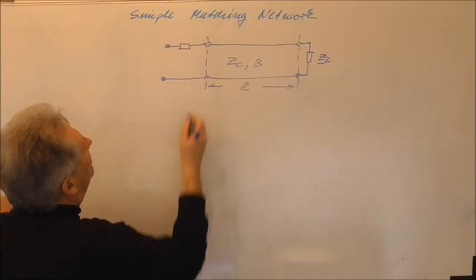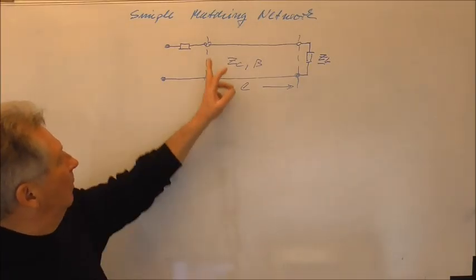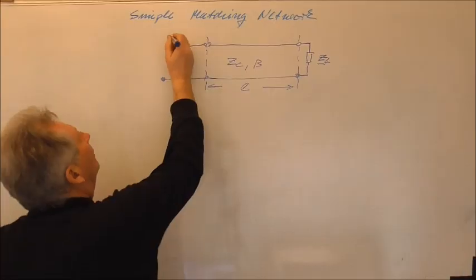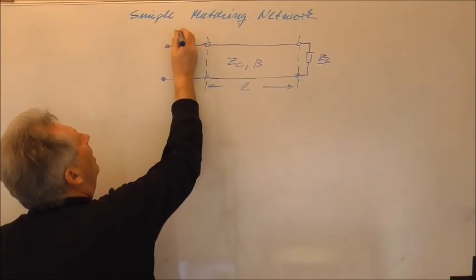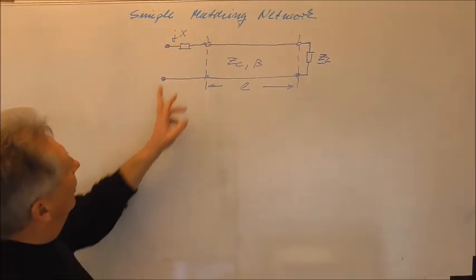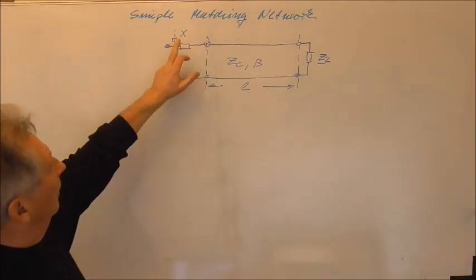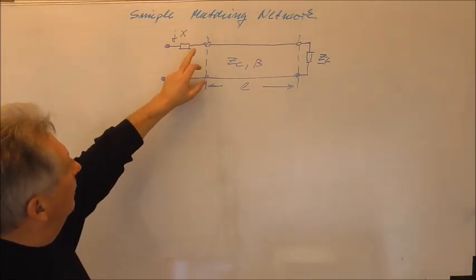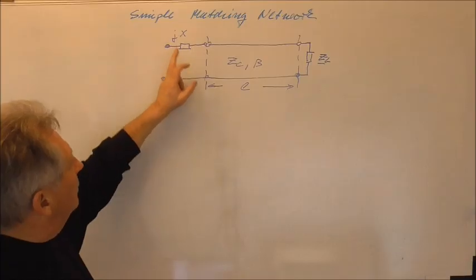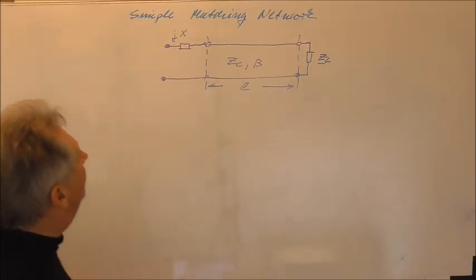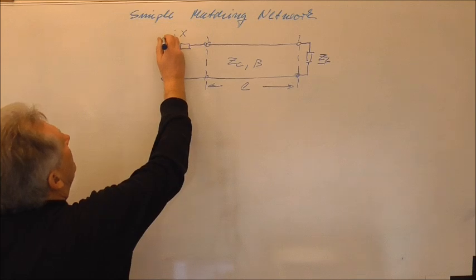This is a lumped element. Here we have a transmission line, and here we have a lumped element jX. If X is positive, we have a series inductance, and if X is negative, we have a capacitance.